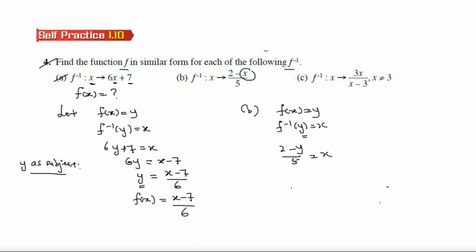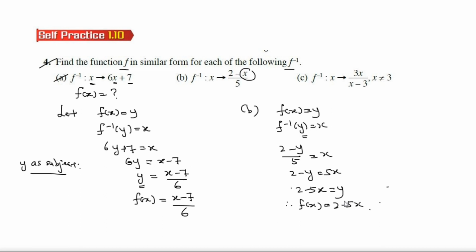Then make y the subject. Times both sides by 5. So we have 5x. Then move y to one side, stay alone on one side. So we have 2 minus 5x equals y. That means our f x is equal to 2 minus 5x. Okay.